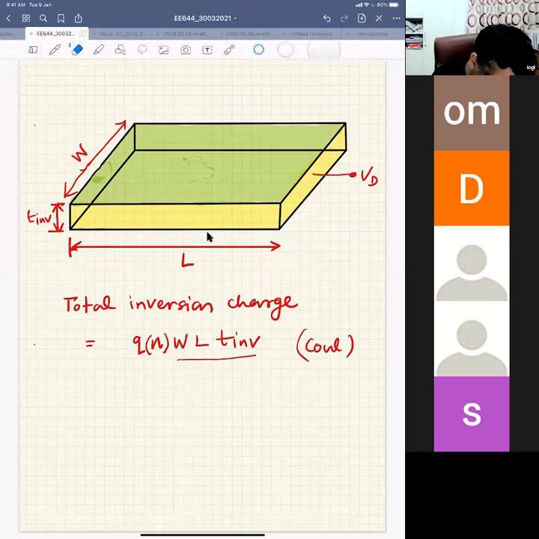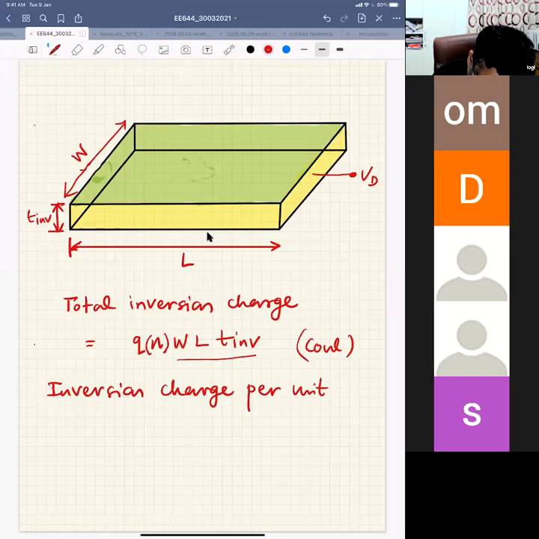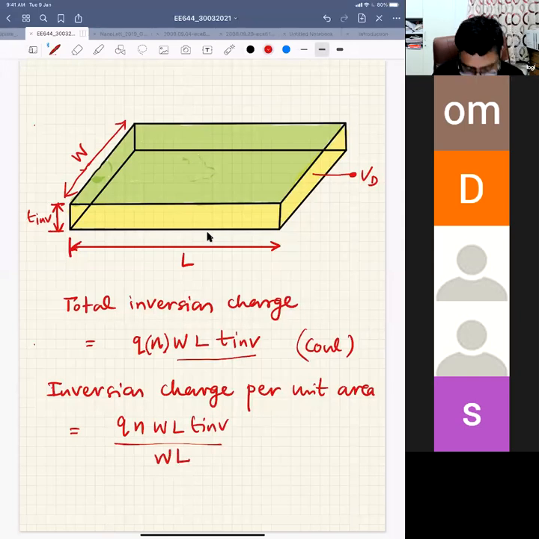Now, I want inversion charge per unit area, because I am more interested in inversion charge per unit area. So this will be Q N W L T inversion divided by the area, and area is nothing but W times L. So I have Q N times T inversion.